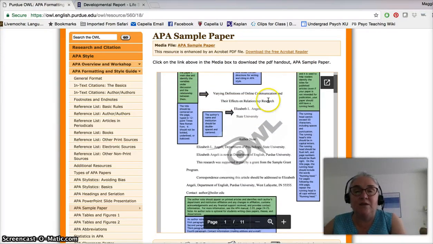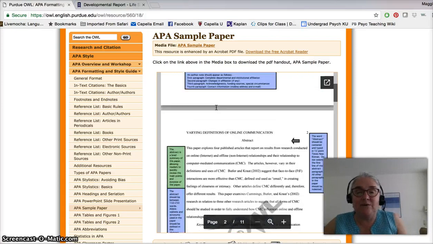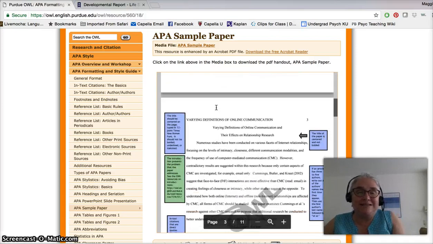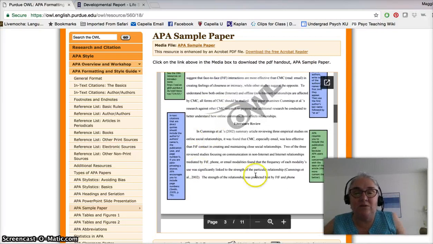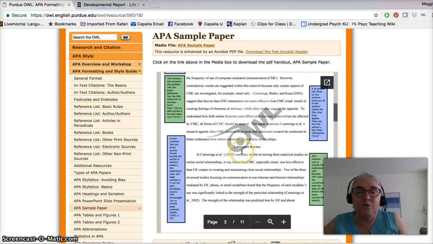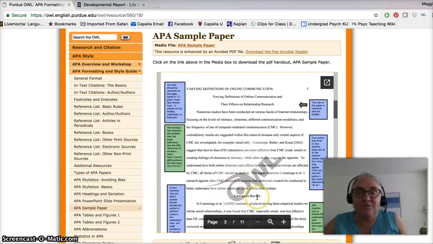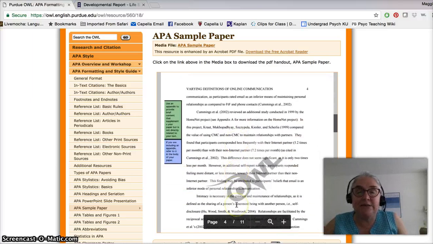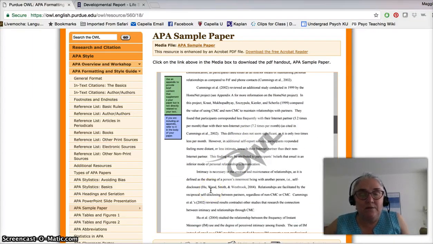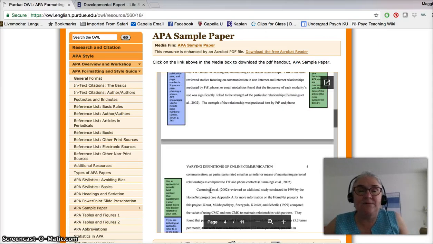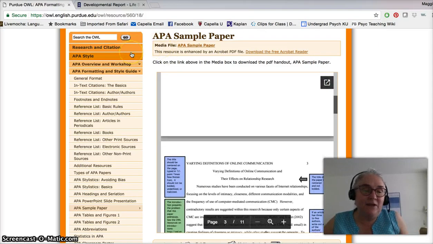You'll use the information here for the cover page, but that's about it. And your paper will look basically like this, how it is double spaced and how it's set up here is what it should look like. And you don't need a literature review. You can use headings also if you want to use headings for each of the persons that you have. You can do that.